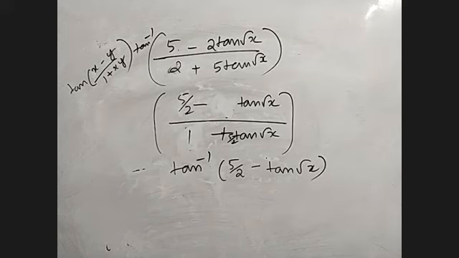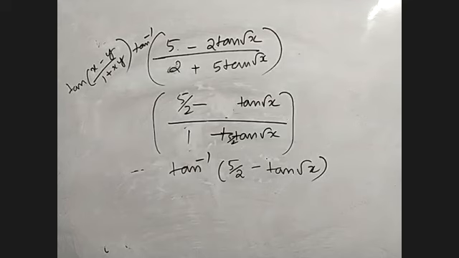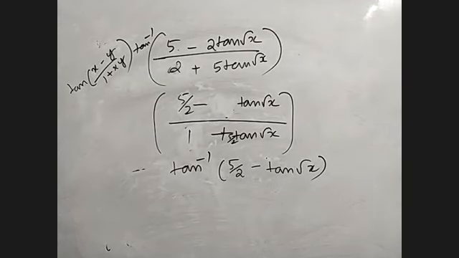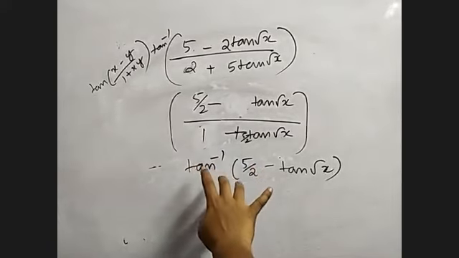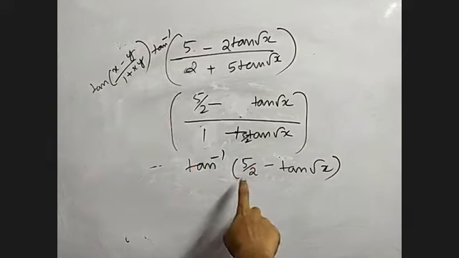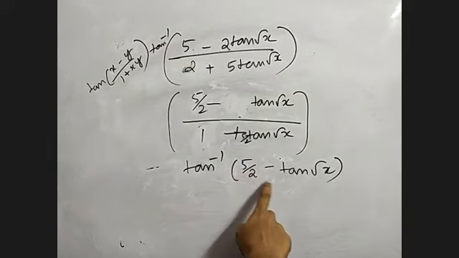Yes, ma'am. Okay, then just take dy by dx. What is the derivative of tan inverse x? 1 by 1 plus x squared. Tan inverse of 5 by 2 minus tan inverse of root x.